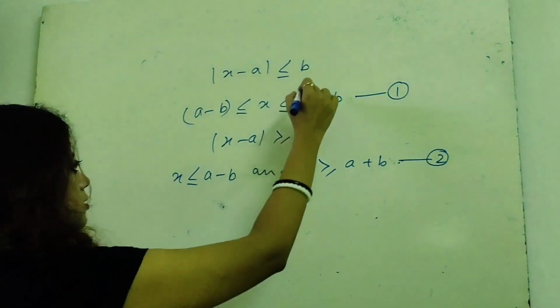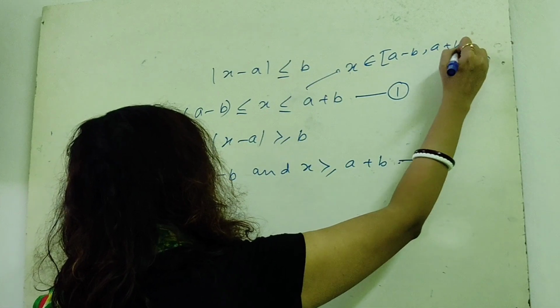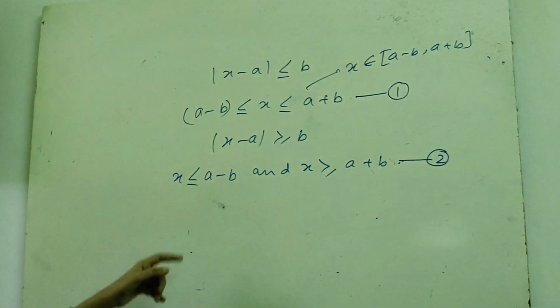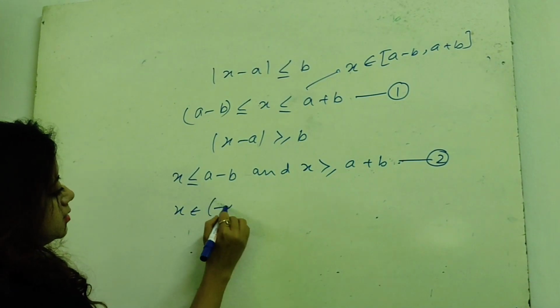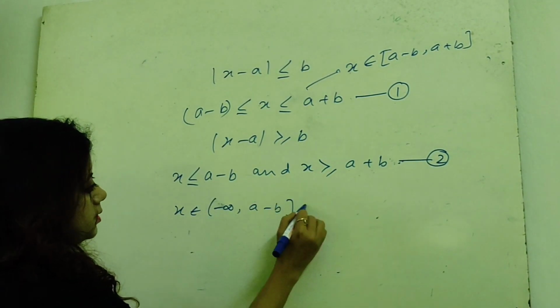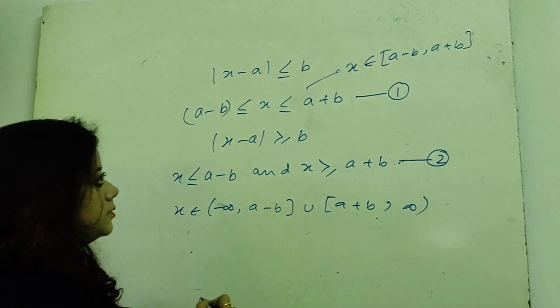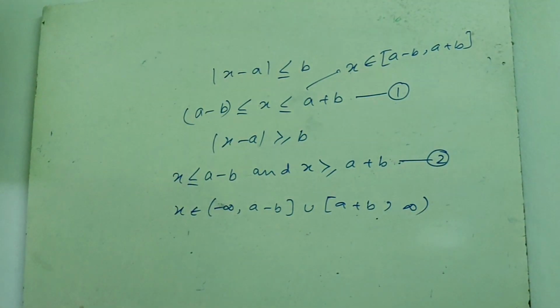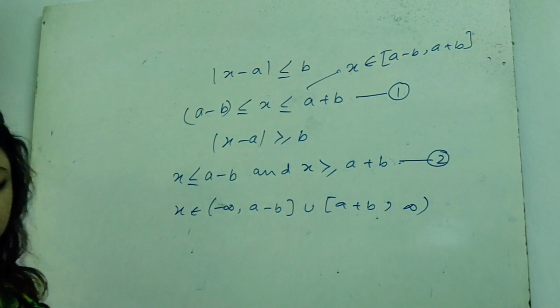Means the solution will be x belongs to third bracket a minus b comma a plus b. But if it is greater than or equal to b, then the solution will be minus infinity comma a minus b, union a plus b comma infinity. It's a very simple concept. If you remember this, all the modulus problems will be solved within 5 seconds.